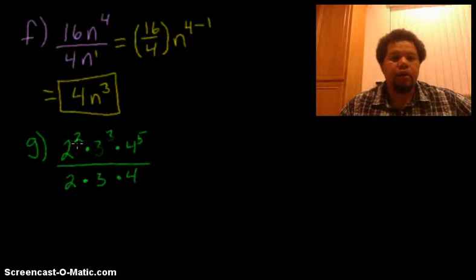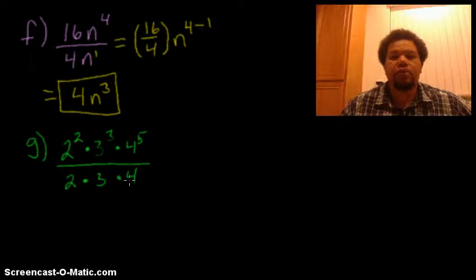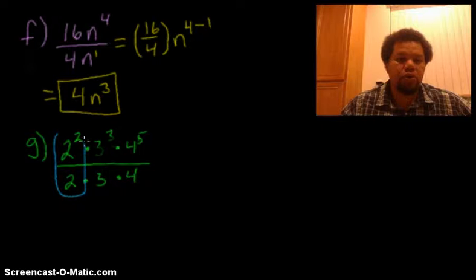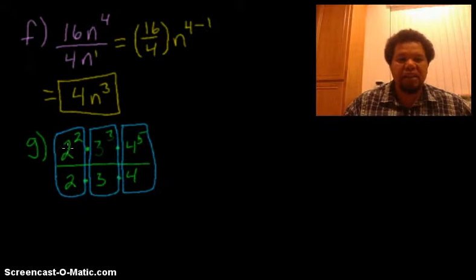All right, so here we have another example, 2 squared times 3 to the third power times 4 to the fifth power divided by 2 times 3 times 4. So we have 3 separate monomials that have the same base. So we just treat them separately but together at the same time.